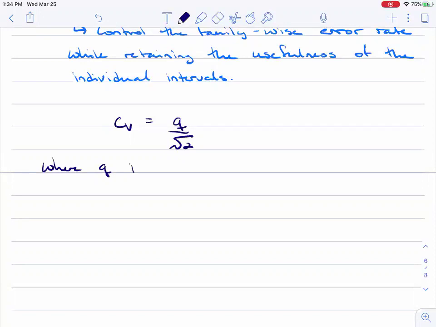So where Q is from the studentized range distribution.